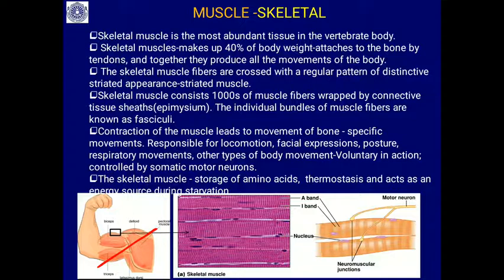These body movements are voluntary actions, controlled by somatic motor neurons. Skeletal muscles also function as a storage of amino acids, and also in thermostasis, the generation of heat, and they are the source of energy during starvation.